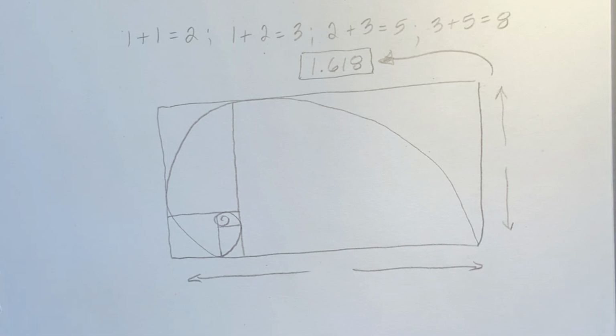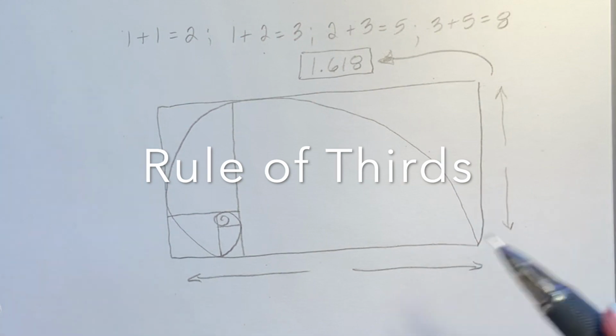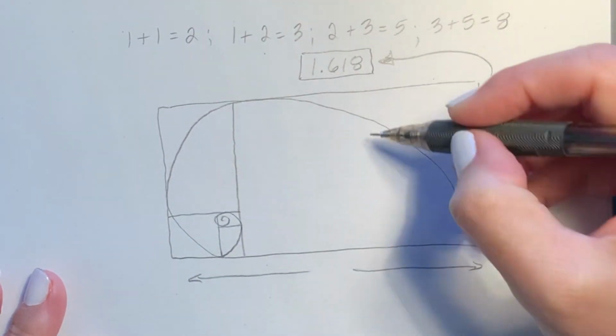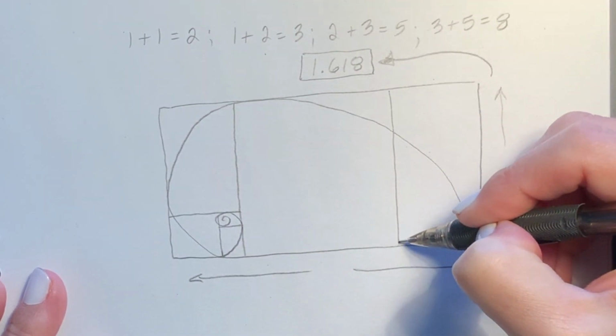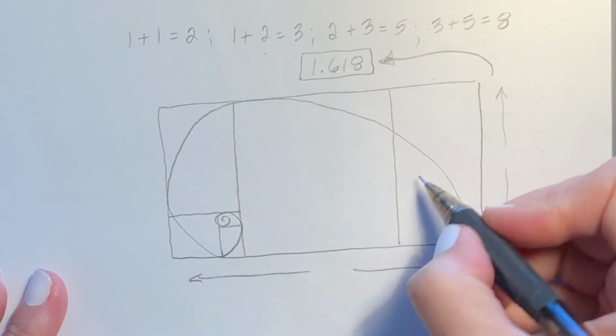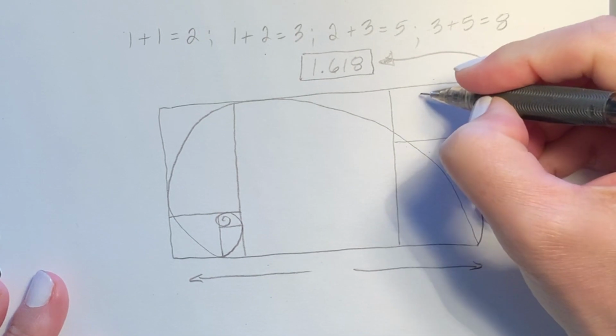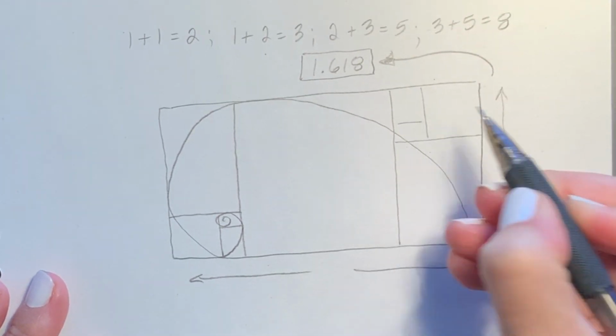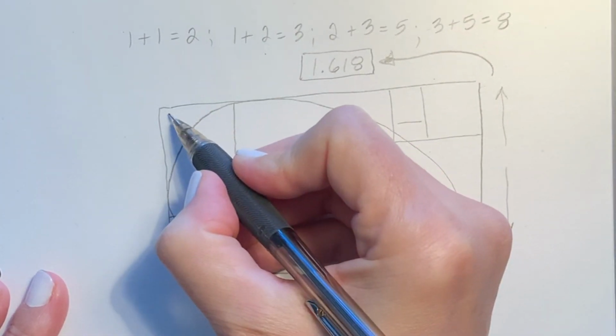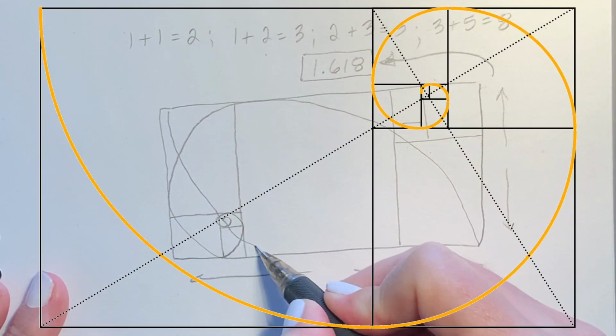Another way to look at that is thinking the rule of thirds. Now, I did make mine very long, but if you think about it, let's say we flipped the whole thing and we did our tall rectangle on this side, and let's even flip it completely, and we went like this. Then we've got to draw our rectangle the other way, right? Or our spiral the other way.